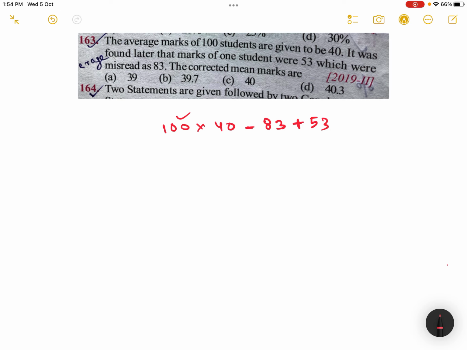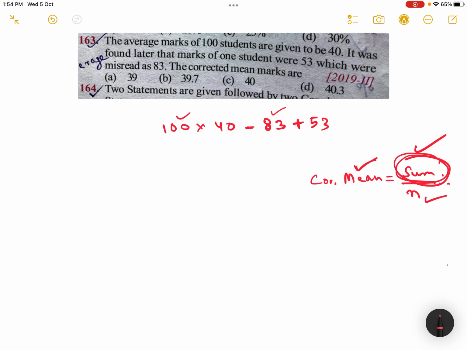So the corrected mean. Mean is given by sum by the number of observations. In our case, the number of observations is the same, but the sum has changed. There is a problem in the sum, so we corrected it. We subtract the wrong number and then we add the right number. In this kind of problems, when you stumble upon them next time, just think that if there is a wrong entry, the sum is already wrong.